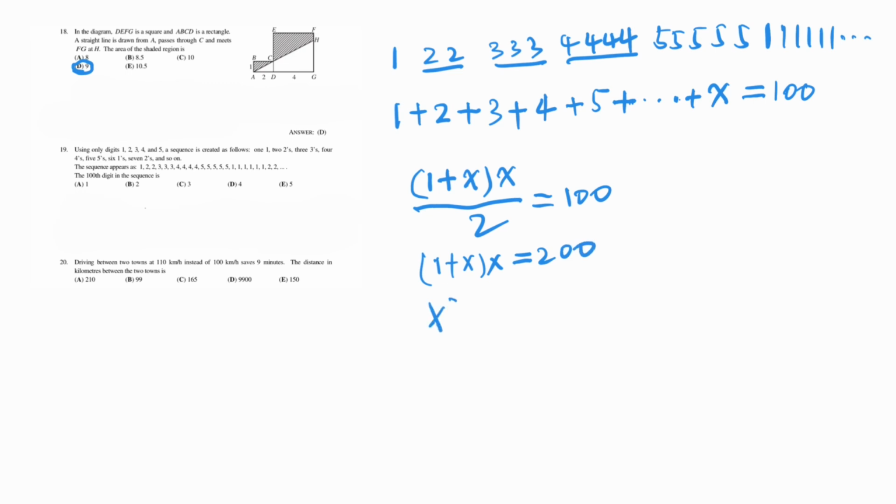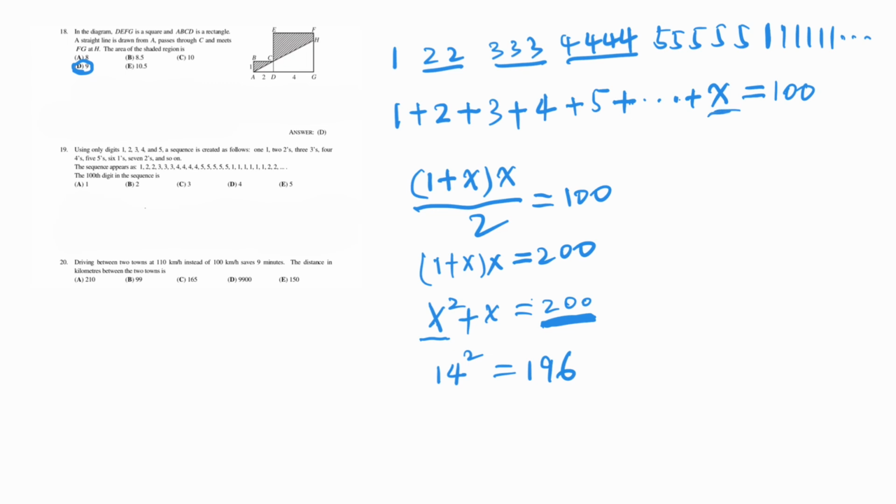So x squared plus x equals 200. Now x squared is close to 200. That means 14 squared equals 196, very close to 200. Now x is roughly 14.